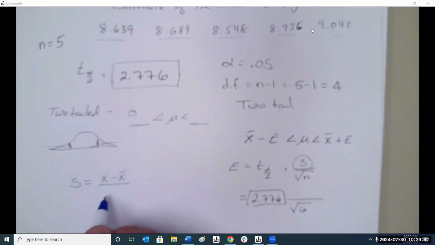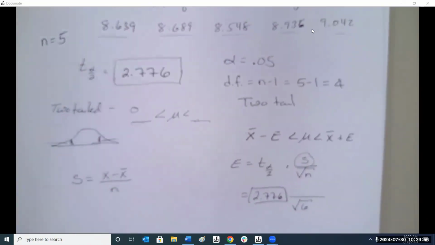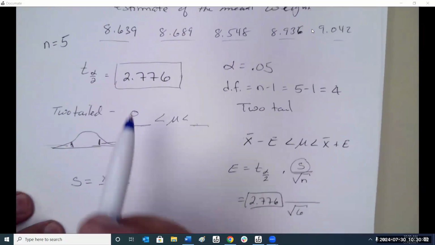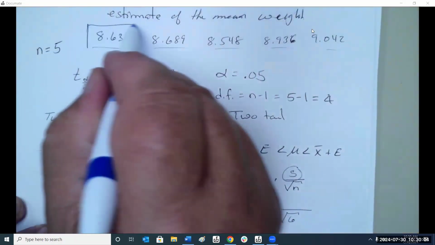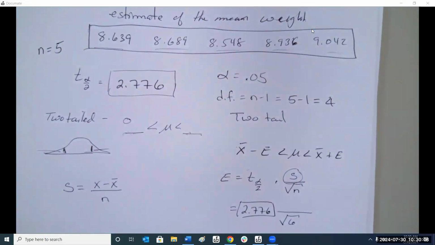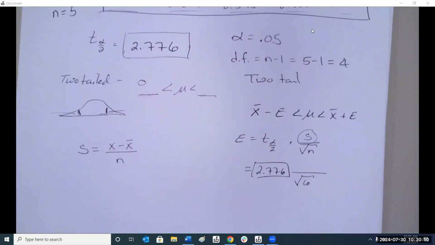X minus X bar over N. So for this set of data, we have to create a table.